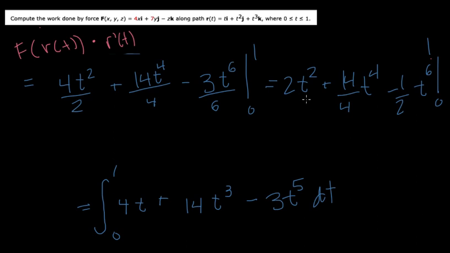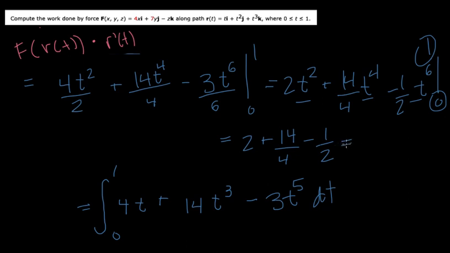Since we're integrating with respect to t, we want to plug in first 1, and then 0. Plugging in 0 would just give 0 for all of these, so we're just plugging in 1. It'd be 2 times 1 squared, so just 2, plus 14 over 4 times 1 to the power 4, which is 1, minus 1/2 times 1 to the 6, which is 1.